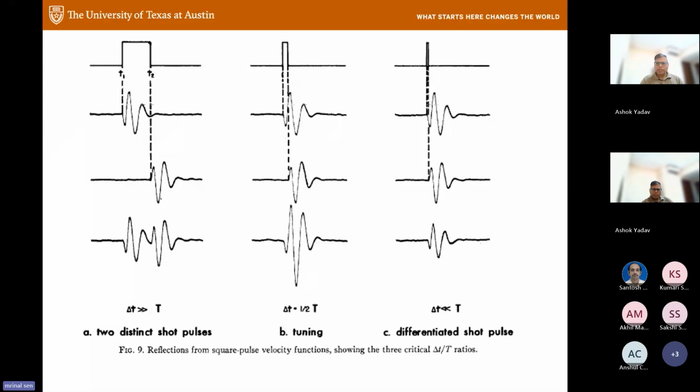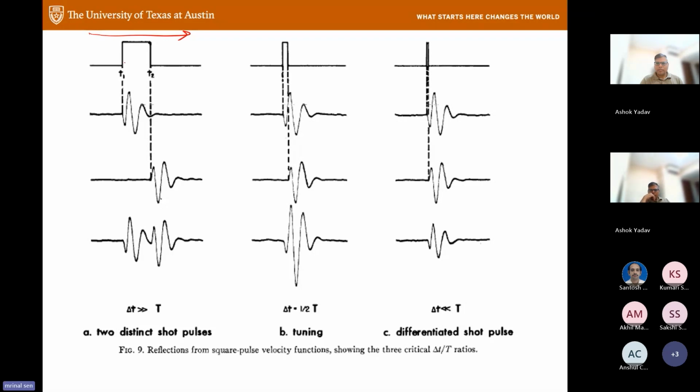This is a very nice demonstration of convolution. What we have here is simply a layer, with a homogeneous layer above and homogeneous below. You can think of this as increasing depth or increasing time.